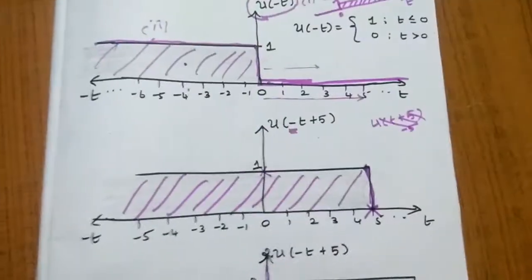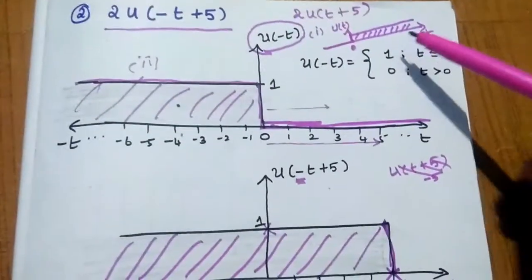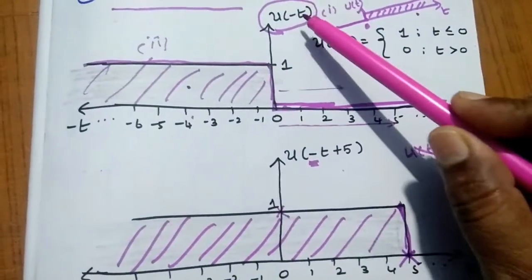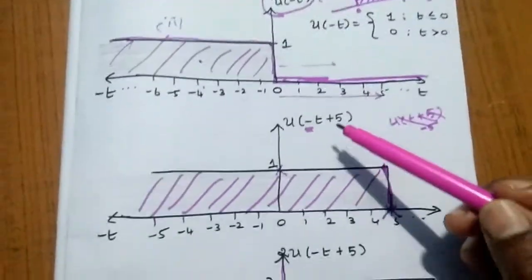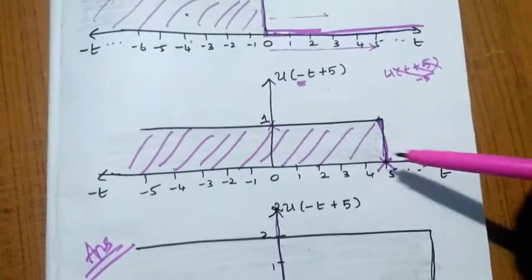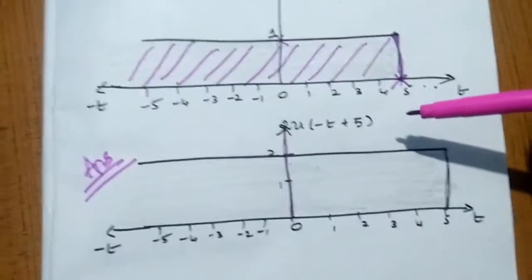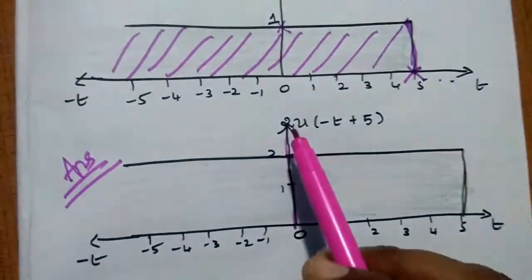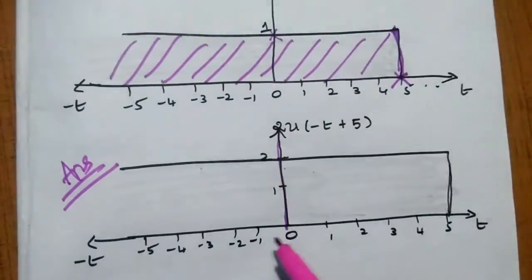So step by step: first we draw the general signal, then take the time reversed signal, then shift the signal by 5 units in advance, and then multiply the amplitude. So this is the answer.